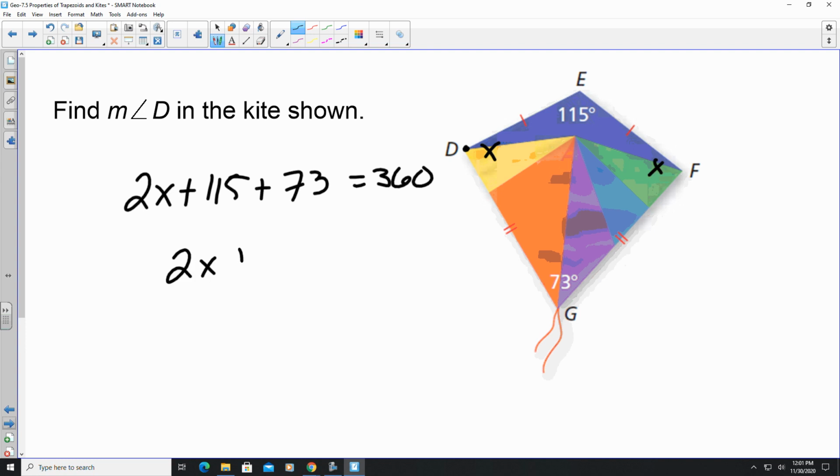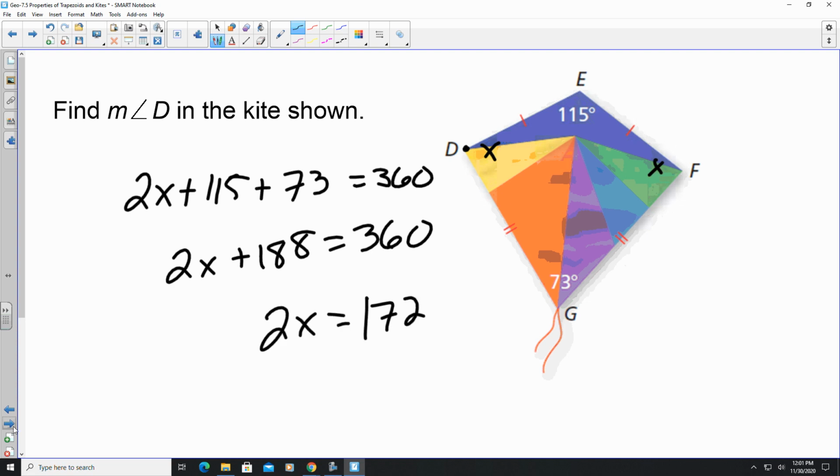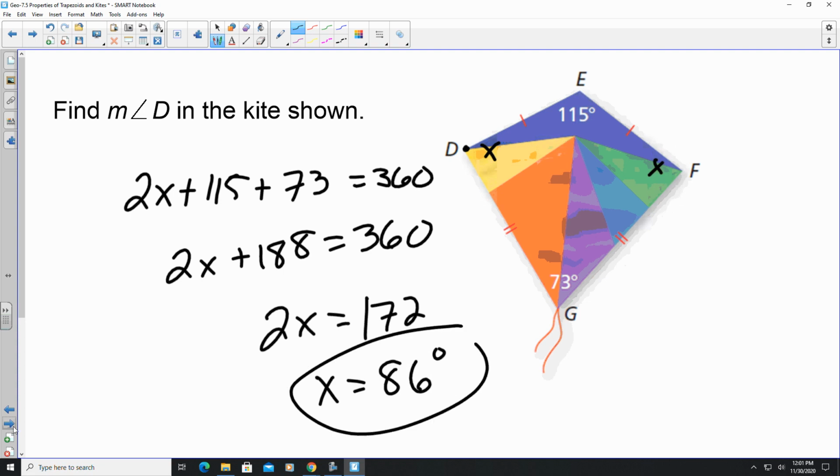So now I've got 2X plus 188 is equal to 360. 360 minus 188 is 172. So 2X is equal to 172, divided by 2, X equals 86 degrees. So the measurement of angle D is 86 degrees.